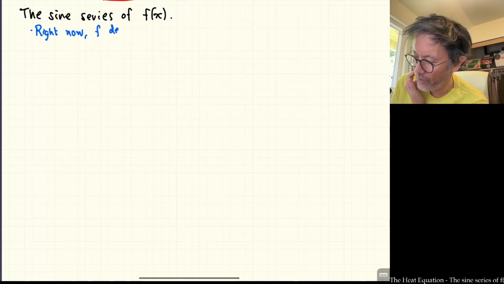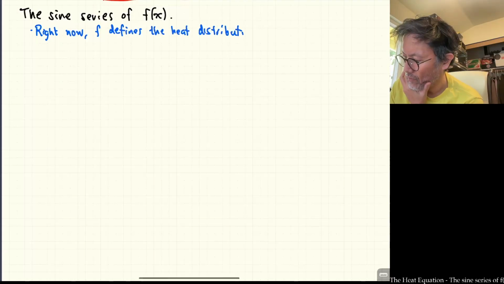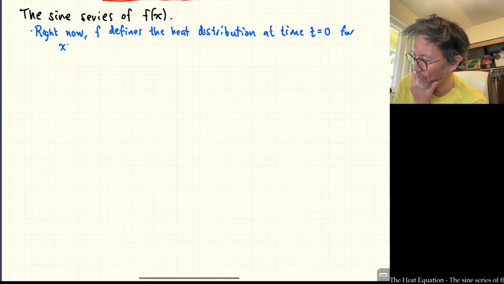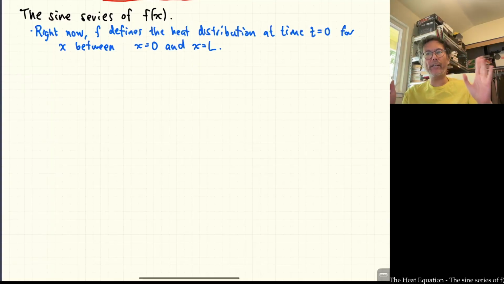F defines the heat distribution at time t equals 0 for x between x equal to 0 and x equal to L. It's a little bit wordy, but whatever. So we've got f defined from 0 to L.